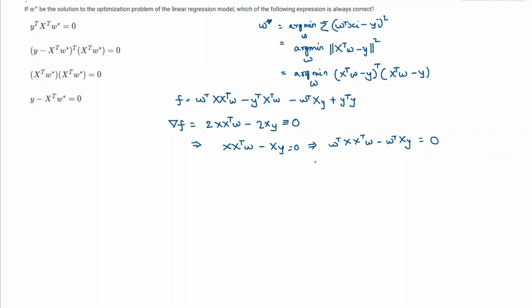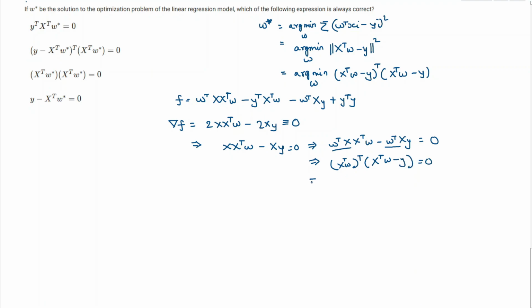Here we have a W transpose x in both terms. So that can be written as (x transpose W) whole transpose, and the remaining can be written as x transpose W minus y. This is equal to 0.